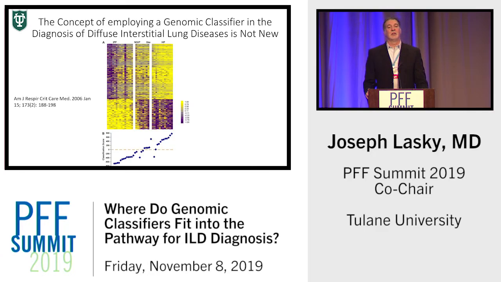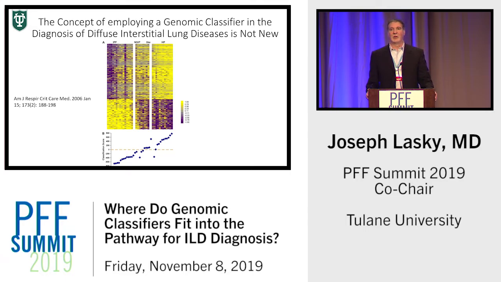So we're going to go into the genomic classifier then. And the idea of a genomic classifier is not at all new. So this is some work that was published 13, 14 years ago. And the authors for this were what I call the bees, Moises Selman and Annie Pardo. They would go around the country and the world and pollinate labs to be fruitful and productive.